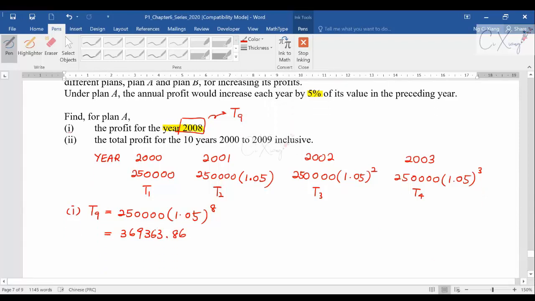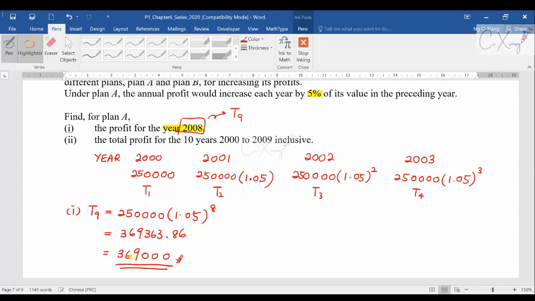Alright, so because this question involves money, usually I will put it in 2 decimal places. And to me, I think this is not secure enough because the number looks very, very weird, right? Okay, so I will round it off to the standard A-level form, which is 3 significant figures.